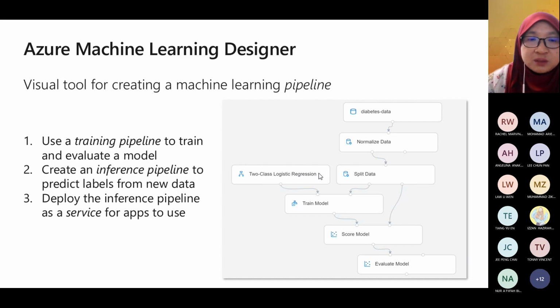So you have to train your model based on the data kat sini, and these two train your data. The validation data includes the score first.